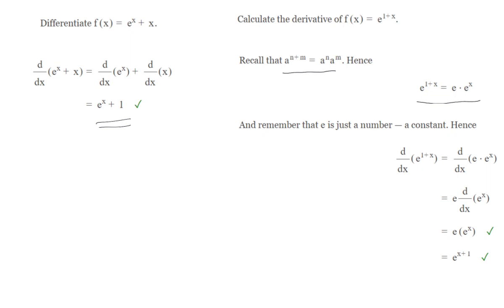And remember that e is just a number, a constant. Hence, derivative of e raised to 1 plus x is equal to derivative of e into e raised to x. So because e is a constant, we can write it as e into derivative of e raised to x. That is e into e raised to x or e raised to x plus 1.